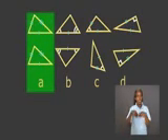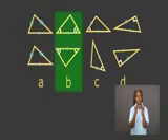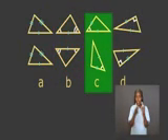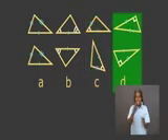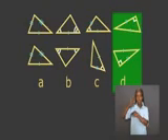If all 3 sides are congruent, if 2 angles and the included side are congruent, if 2 sides and the included angle are congruent, and if a right angle, hypotenuse and a side are congruent.